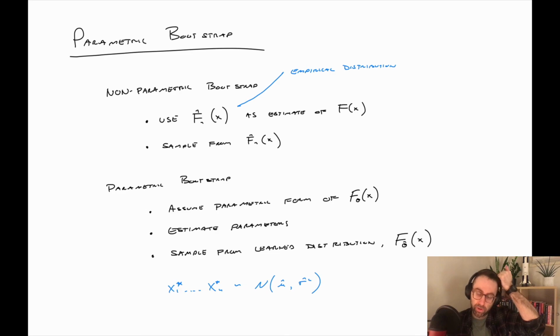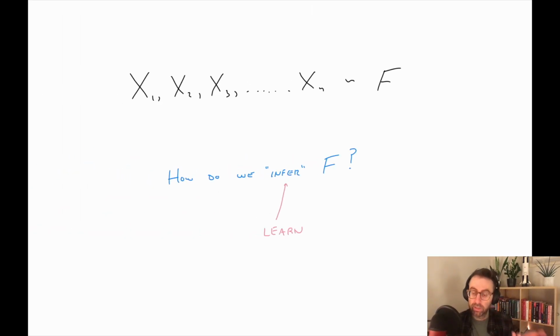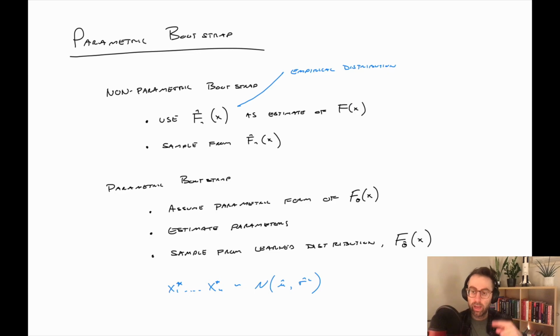We'll talk about some theory behind the MLE in terms of its sampling distribution, so we'll need to talk about its standard error and all those things. But for now, I just wanted to highlight this idea that we're learning a distribution, and in the same way where we can take the learned distribution and generate bootstrap resamples with the empirical distribution, we can actually do the same thing here.